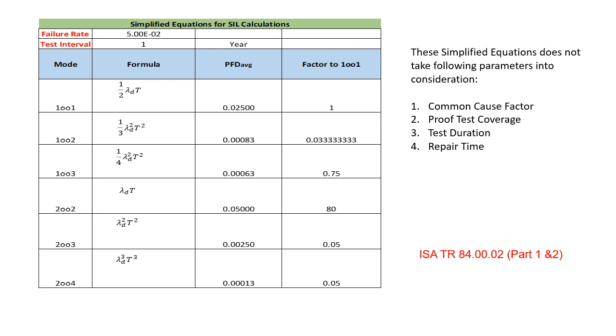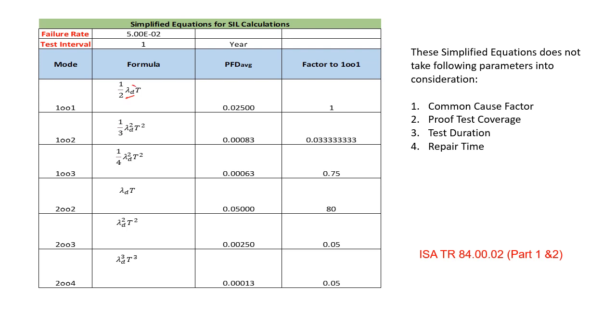In this ISA-84, simplified equations for various voting logics have been given. Here you can see there are formulas for each particular voting configuration. If it is 1 out of 1, it will be half lambda d into t. Here lambda d is the dangerous failure rate.